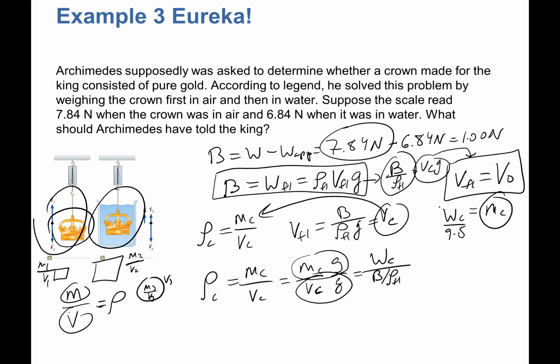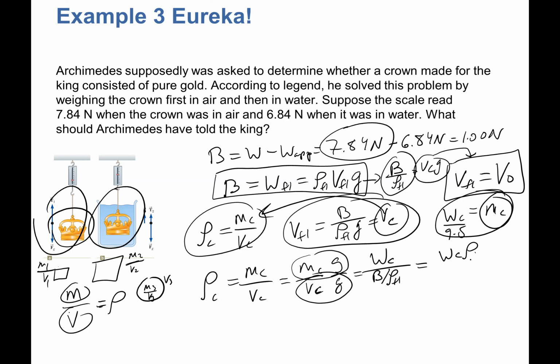Probably the first method is easier: find the volume of the fluid, which is the volume of the crown, find the weight of the crown, from the weight find the mass, and then plug in and use this. But you can also do it this way. So if you continue, it's going to be weight of the crown times density of the fluid, over buoyant force.